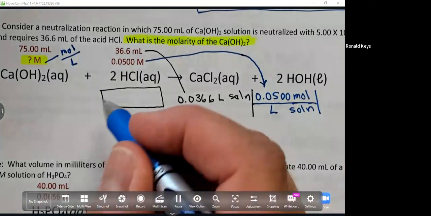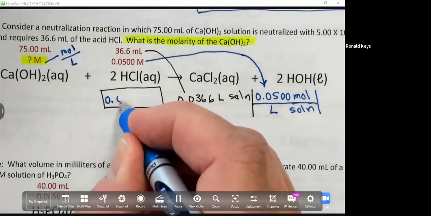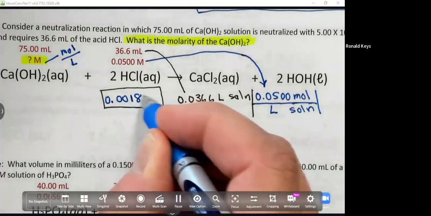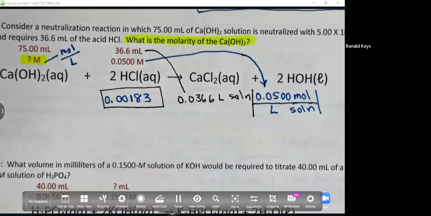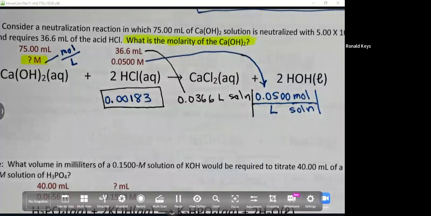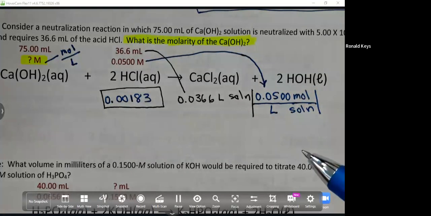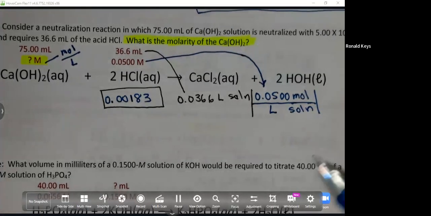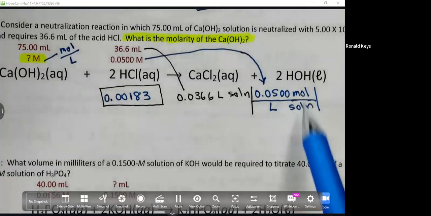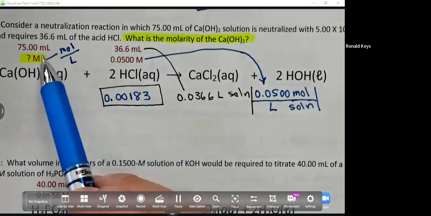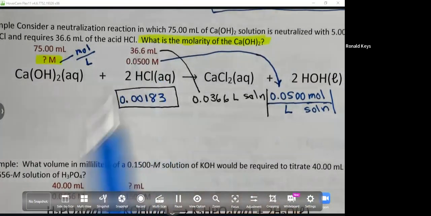And my moles is 0.00183. Now remember, molarity is moles over liters, and moles is from grams. So even though you have milliliters here, those milliliters are really dissolved grams.